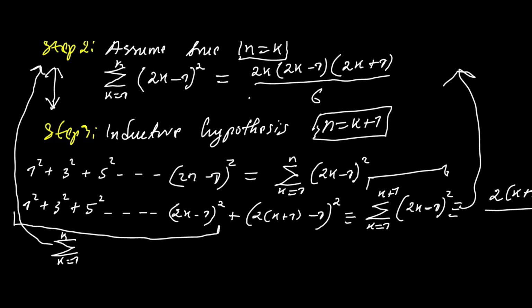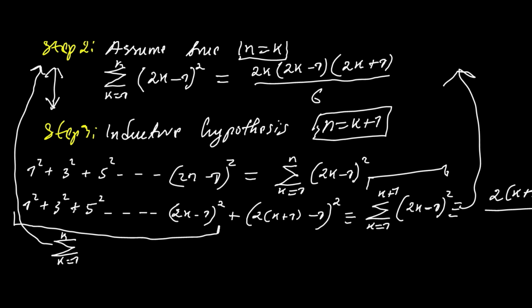So this step here is what we meant by assuming the inductive hypothesis, meaning that we're going to use the assumption above to prove for this, and that is exactly what I meant when I said the first time we are going to use that assumption.